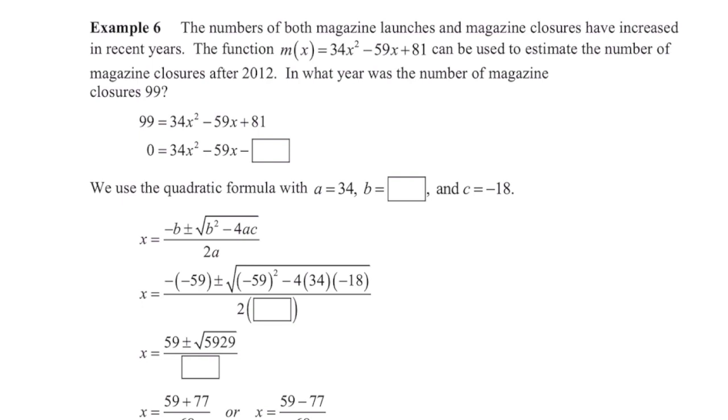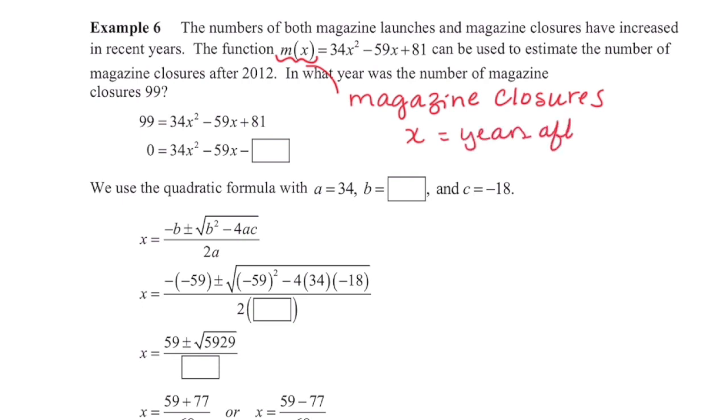So when I look at m of x, that represents magazine closures, where my x value represents the years after 2012.